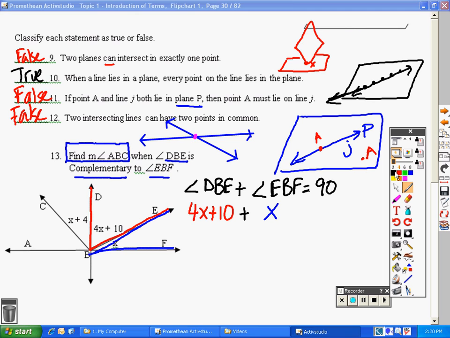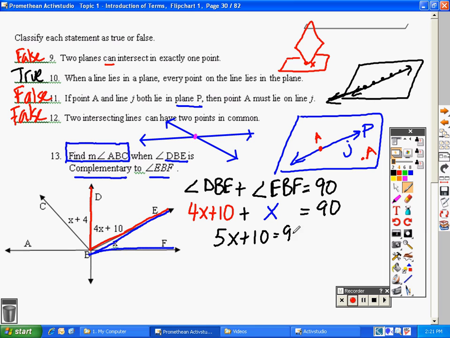And once again, this equals 90. So now I'm just going to solve this algebraic expression. We've got 4x plus x is 5x. That 10 is still over here. If I want to move the 10 to the other side, I have to subtract 10. I get that 5x is 80. And I'm going to divide both sides by 5. And I'm going to get that x is 16.